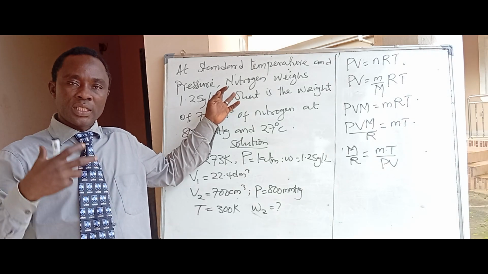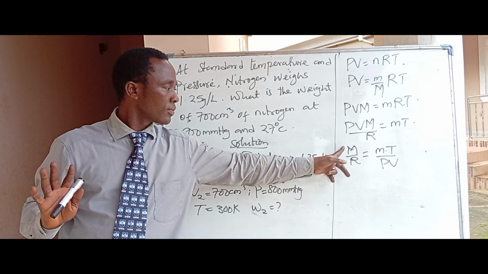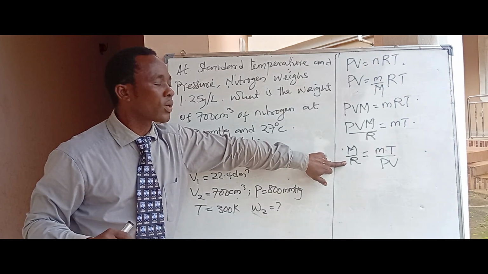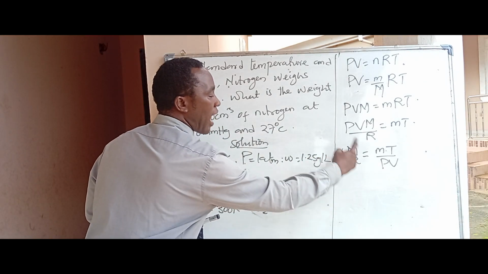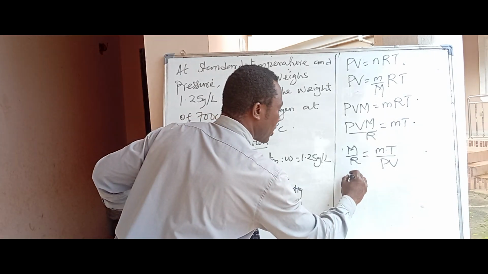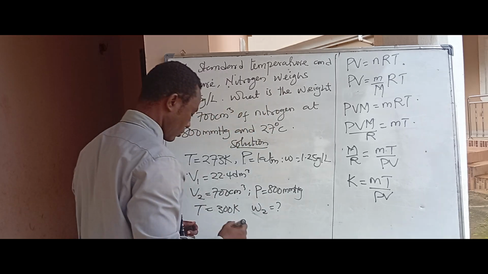The gas used in the experiment is nitrogen all through. That means molar mass is constant, and R, the molar gas constant, is constant, so M over R is constant. We take it to be K. K becomes equal to mT over PV.